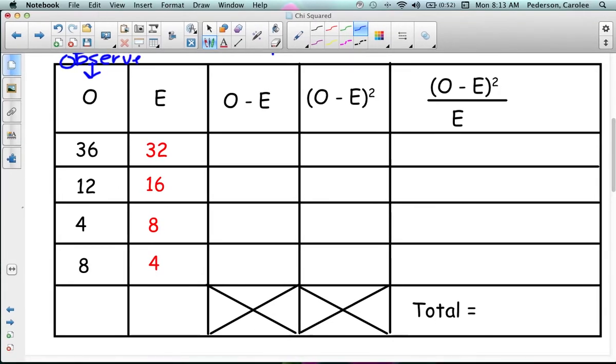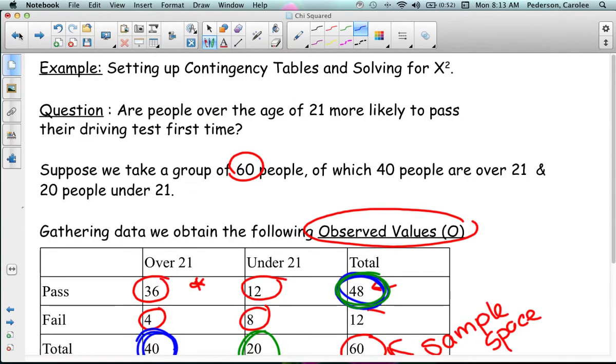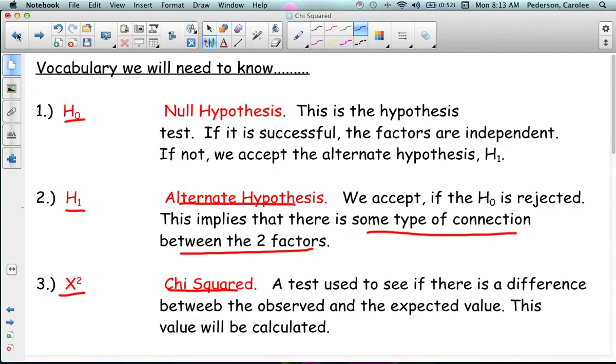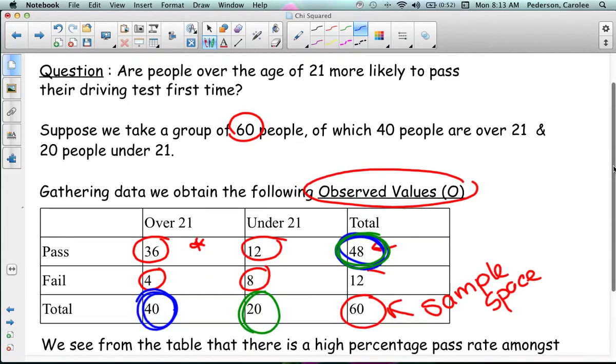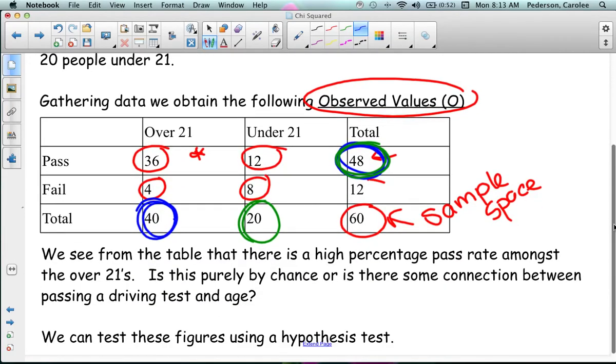So when you went out and took your data, there were 36 people, 12 people, 4 people, and 8 people in those 4 categories. So where these 4 numbers come from are in the red right here: 36, 12, 4, and 8.